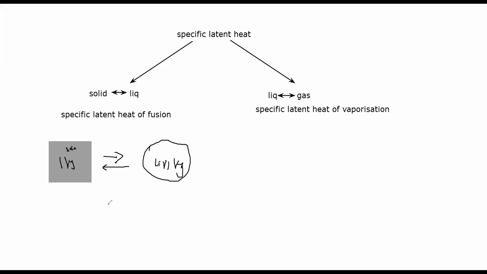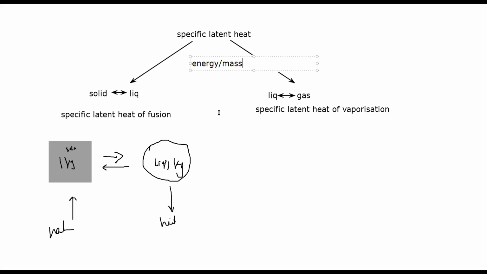For solid to liquid you have to supply energy, from liquid to solid you have to remove energy. So the amount of energy which you supply or remove for 1 kilogram to change between solid and liquid, we call that specific latent heat of fusion. And the formula is the same. Specific latent heat is energy divided by mass.